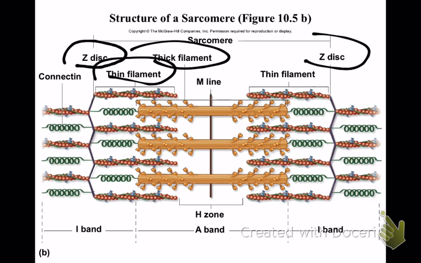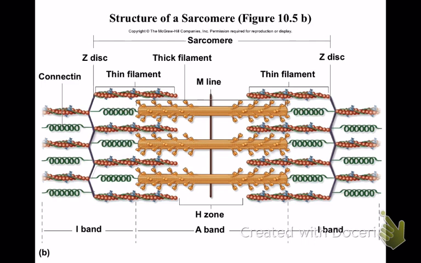And there's some other structures in here that I do expect you to learn. And of course, your definitive source is what's in the online materials. But we have these things called the I bands and the A bands. And I want you to tell me what the defining characteristic of the A band is.